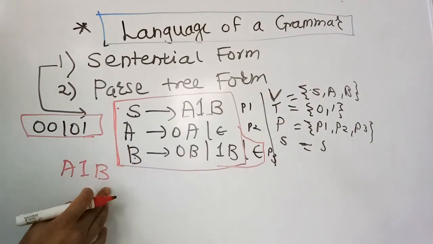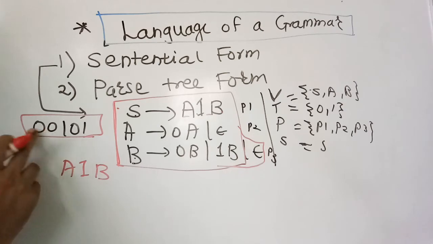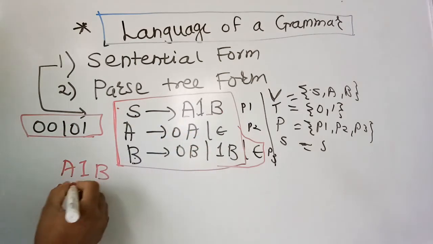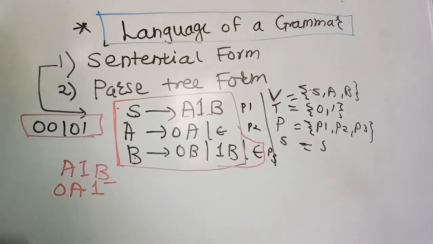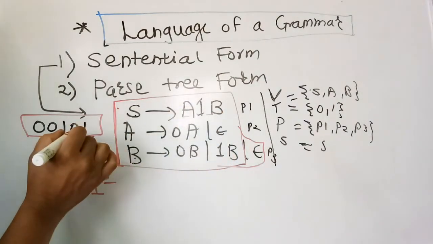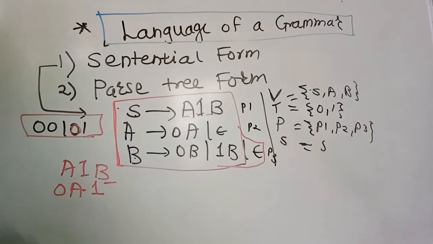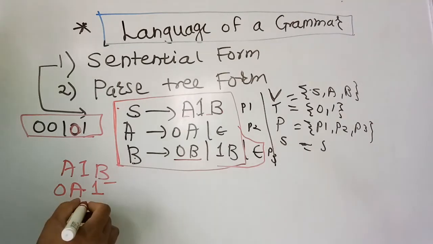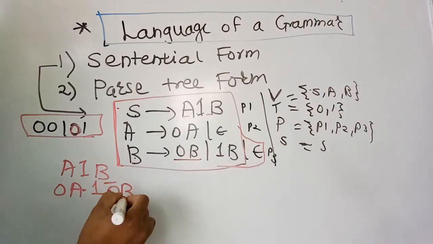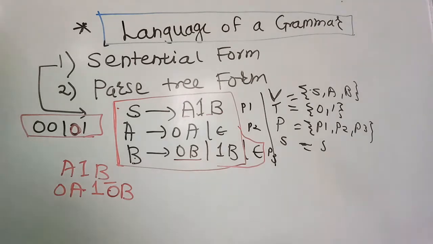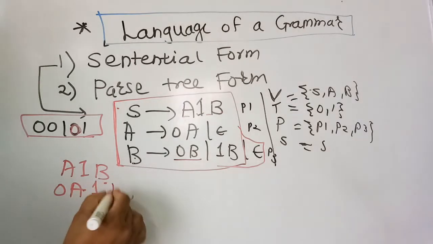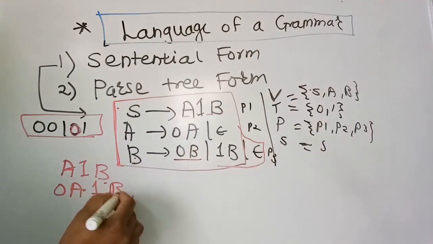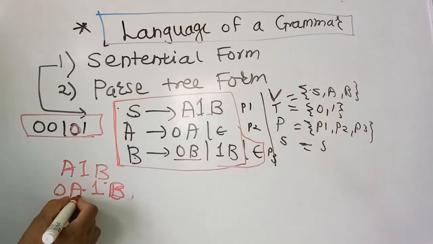Suppose it is A1B. You have to collect the zeros here. How will zeros be collected? By replacing A with 0A. Suppose 0A1B.